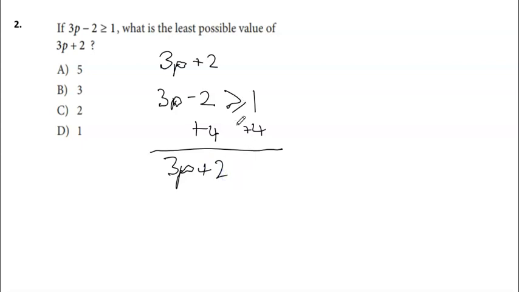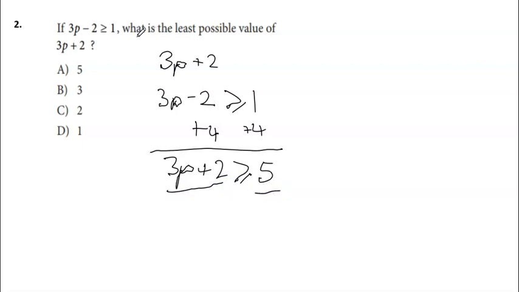And this is greater than or equal to 1 plus 4, which is 5. And that's it. I have my solution, because this is what I was asked to find.